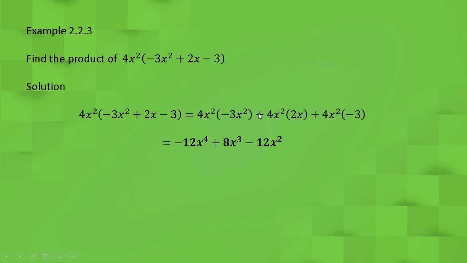So, the laws of exponents, recall that when multiplying variables or numbers with exponents, you have to add the exponents. That is the power rule, one of the laws of exponents. Okay, we have 4x squared times 2x, that's 8x cubed, plus 4x squared times negative 3, that's negative 12x squared.